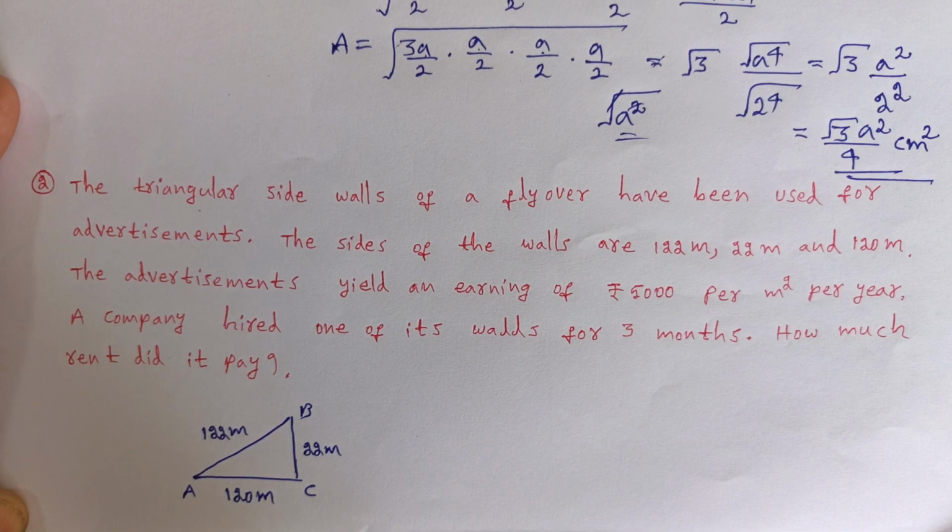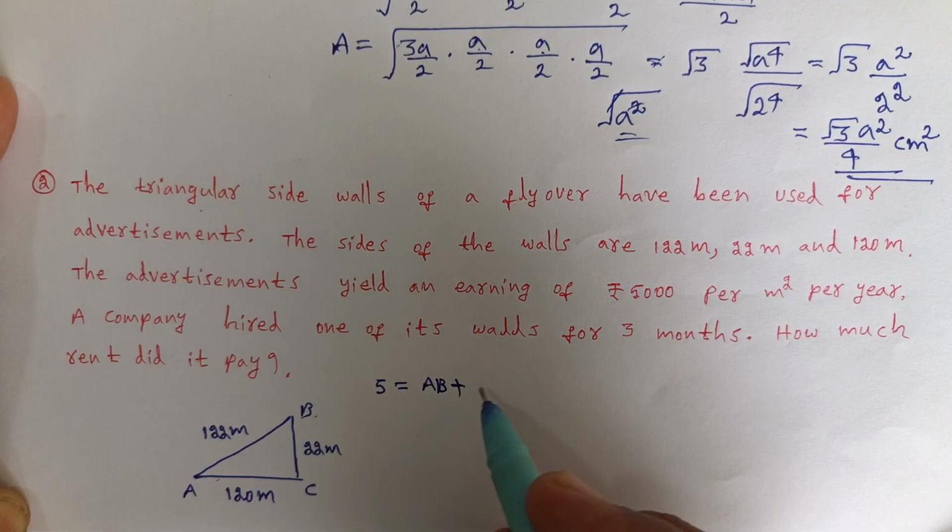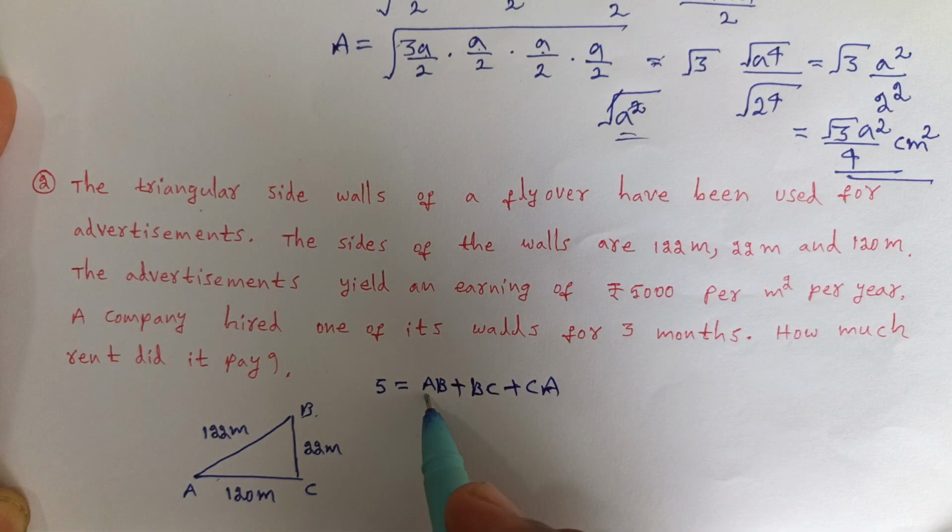Here first you have to calculate half of the perimeter, that is the s value. So s equals the sum of three sides divided by 2, that is AB plus BC plus CA divided by 2.